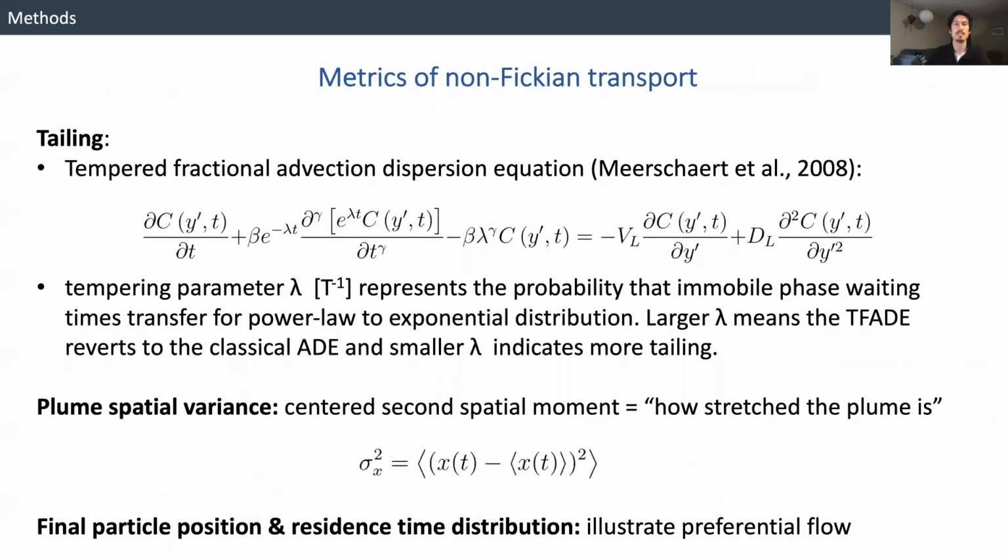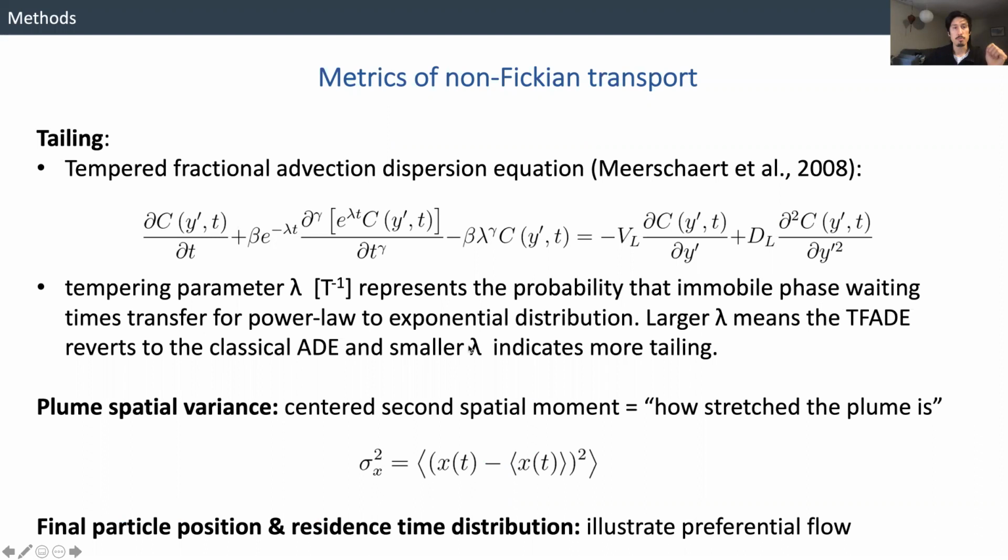So we should see some evidence of that in our metrics of non-Fickian transport, which include tailing, plume spatial variance, and the final particle position and residence time distribution, which is how I'll introduce the results in the next couple of slides. So first, for tailing, we fit a TFADE model to the breakthrough curves. It's one of many clever ways to upscale the ADE, advection dispersion equation.